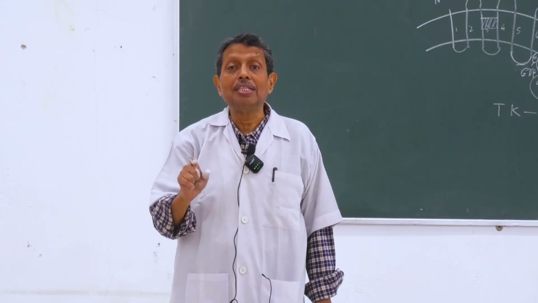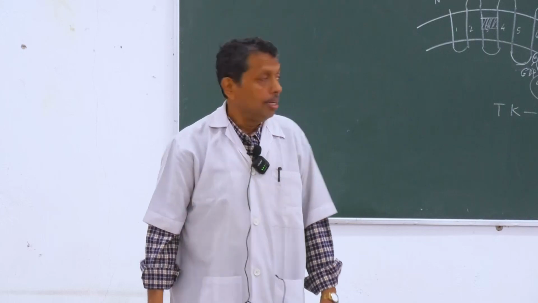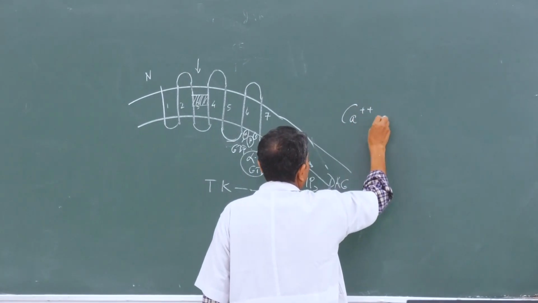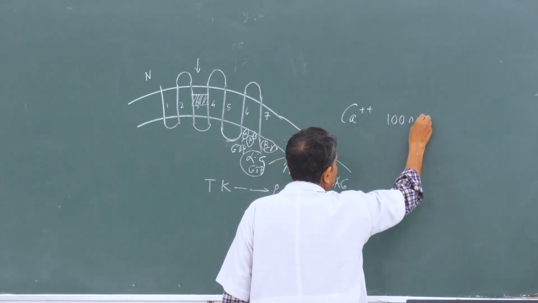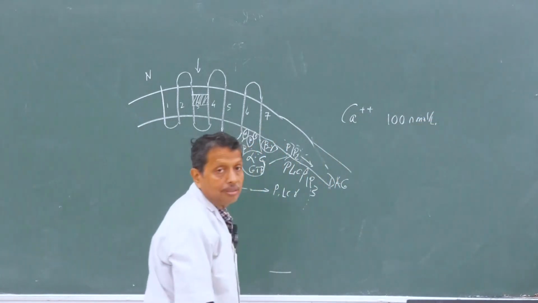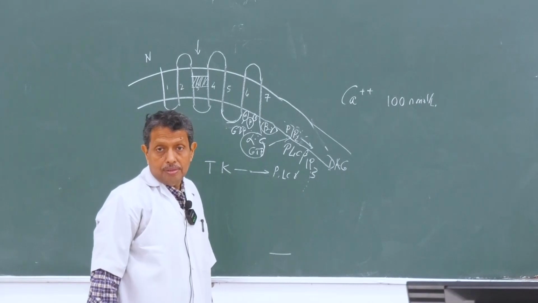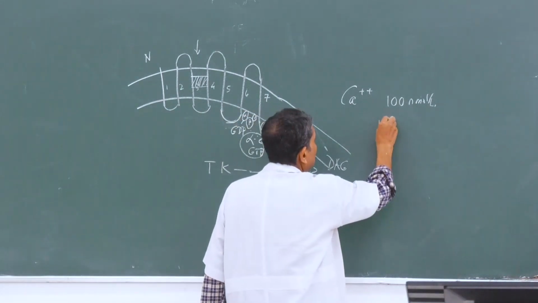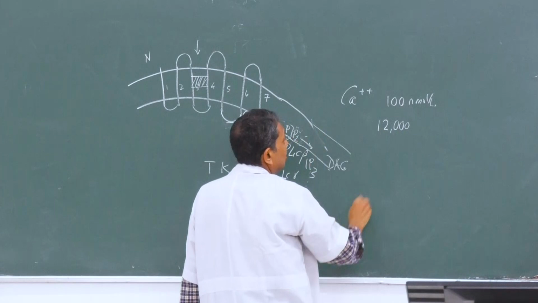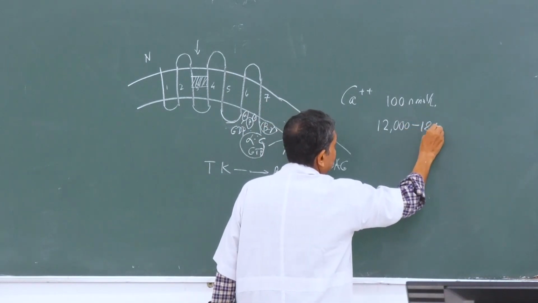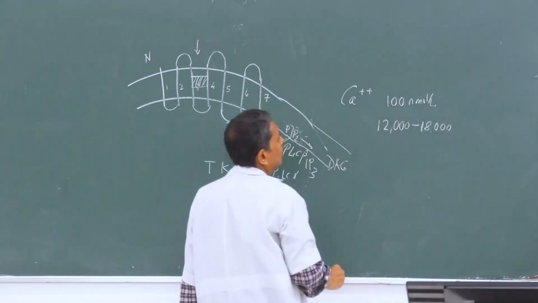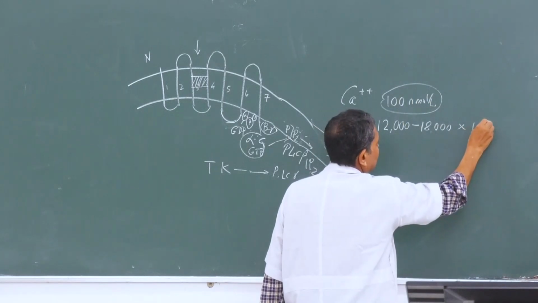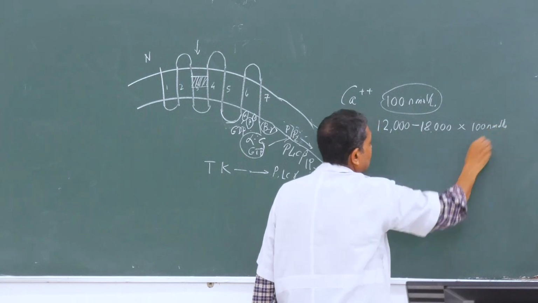Free calcium ion concentration within the cytosol is very low. It is 100 nanomole per liter in the ICF, but outside it is much more, about 12,000 to 18,000 times this value in the ECF.